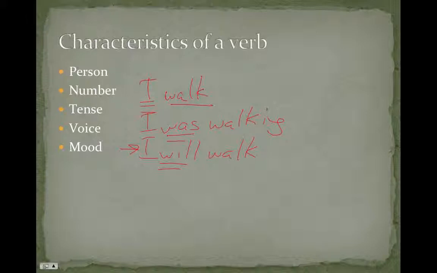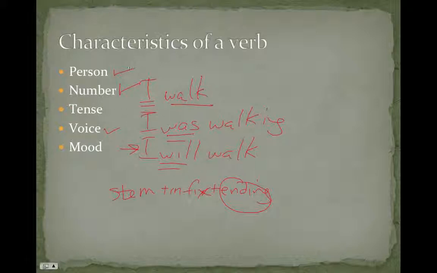So we can have a stem, we can have an infix, which helps determine the tense, and we have an ending. Now the thing that you should take away from this is that the ending is going to determine person, number, and voice, for the most part voice, but definitely person and number.